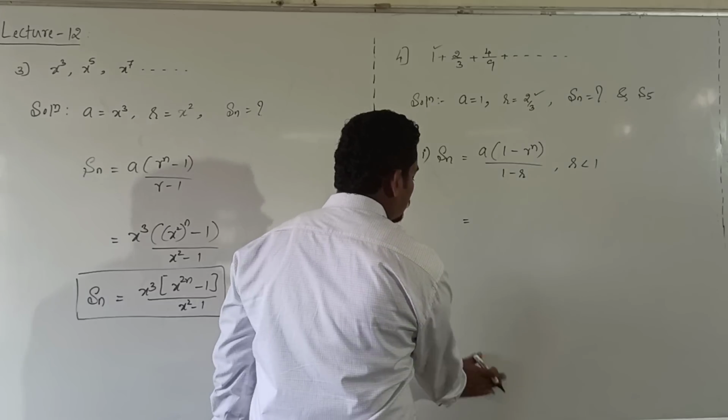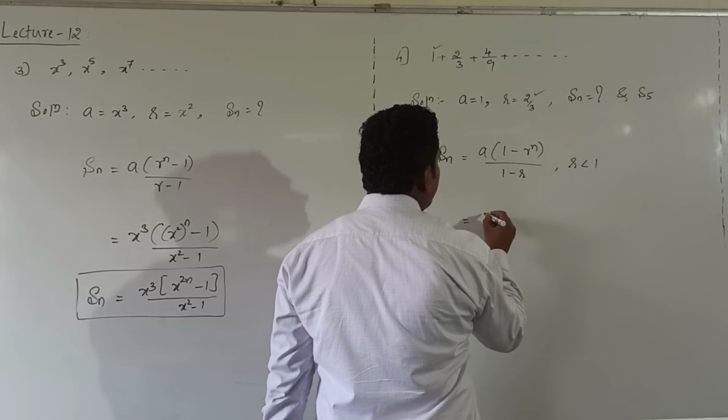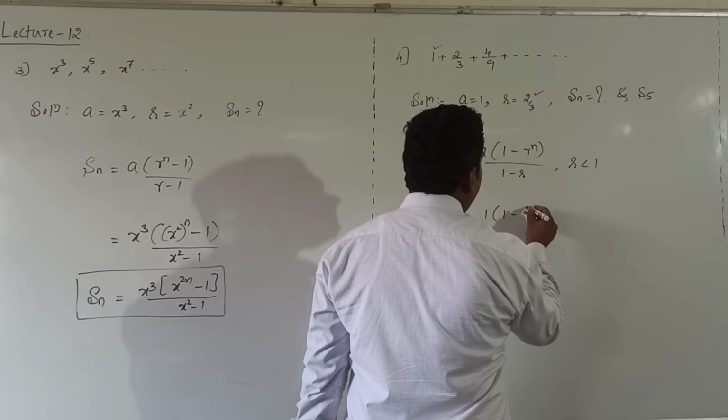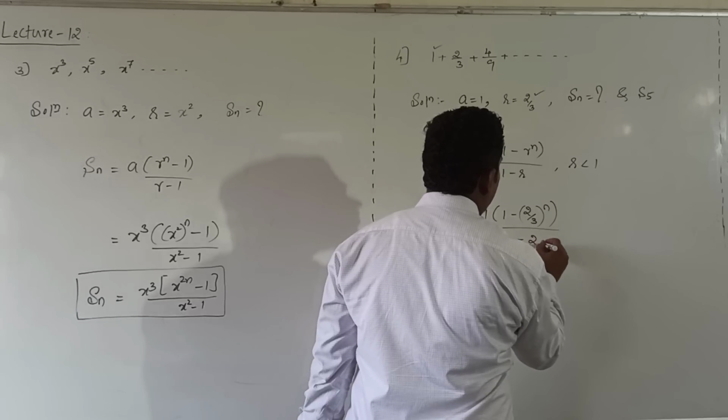Next, what is a value? 1 into 1 minus 2 divided by 3 whole thing power n divided by 1 minus 2 by 3.